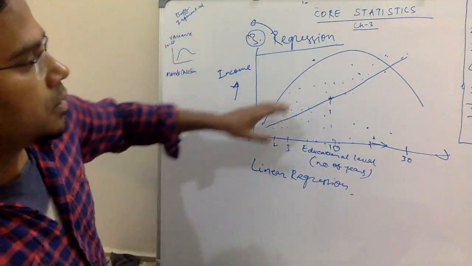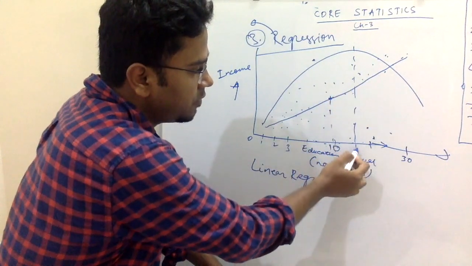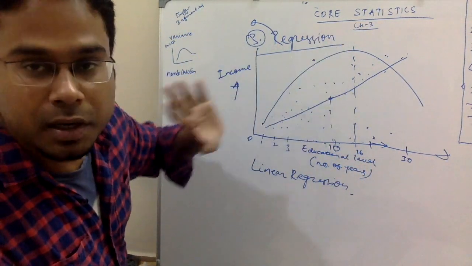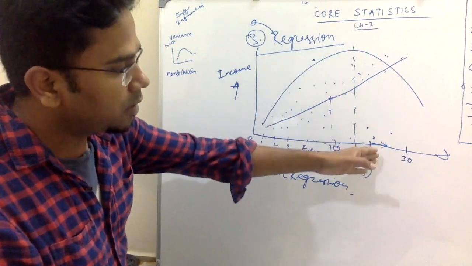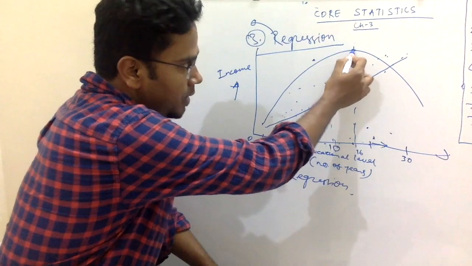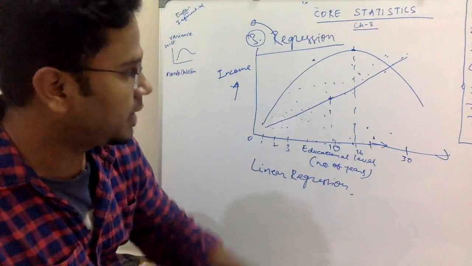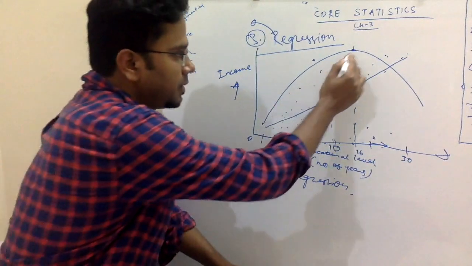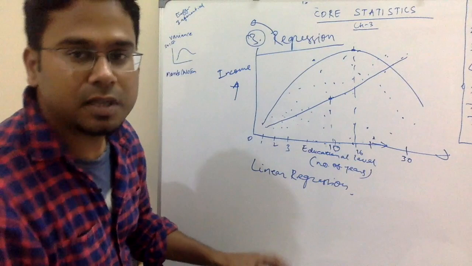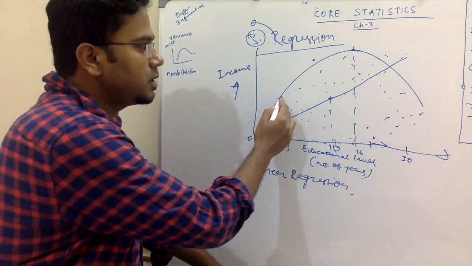Okay, so what we are trying to say is, if you study formally for around 16 years, then your income will be maximum. If you study more than that, actually your income will decrease. So this is your optimum level of income. It's a hypothetical situation, okay? Suppose the data says that after this point, if you study more, your income will decrease. Then this is a parabola.